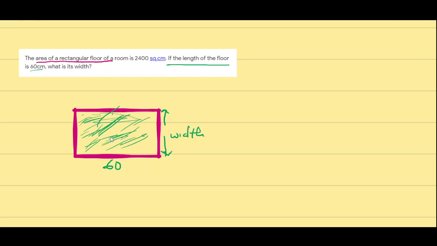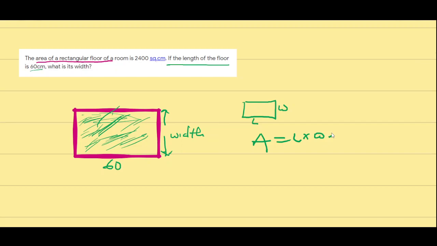Let us recall one thing we know about rectangles. For any rectangle, where this is the length and this is the width, the area is length times the width.